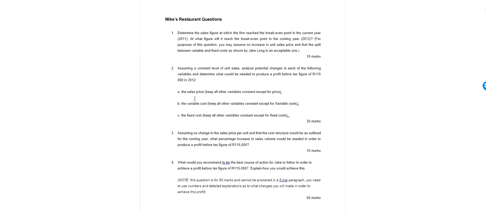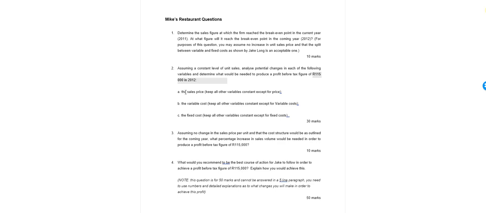Question 2 is a little tricky, and it will require us to spend a bit of time together discussing this. The principle of question 2 is as follows. We want to create a profit of 115,000 in the coming year. There's a few ways that we can do it.